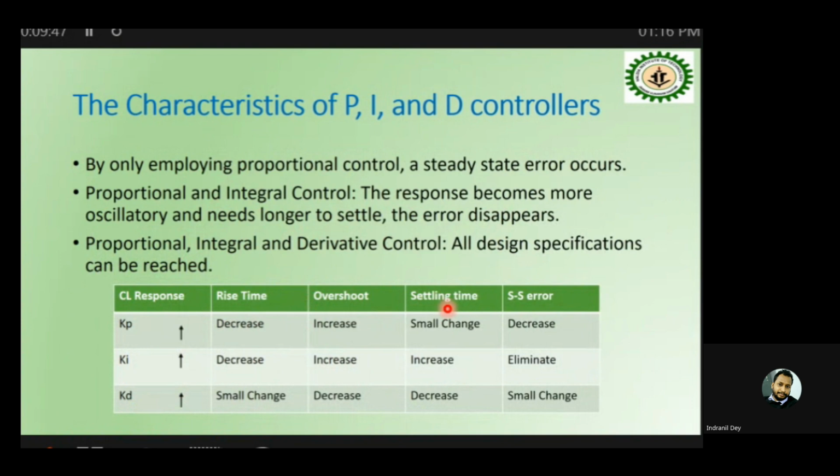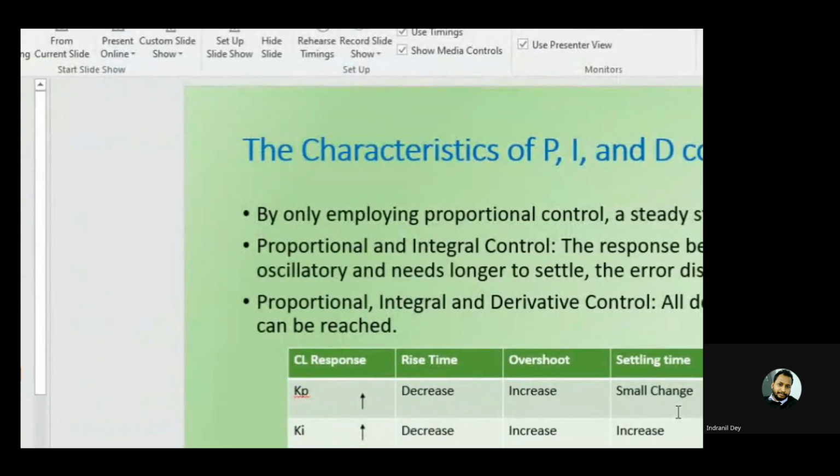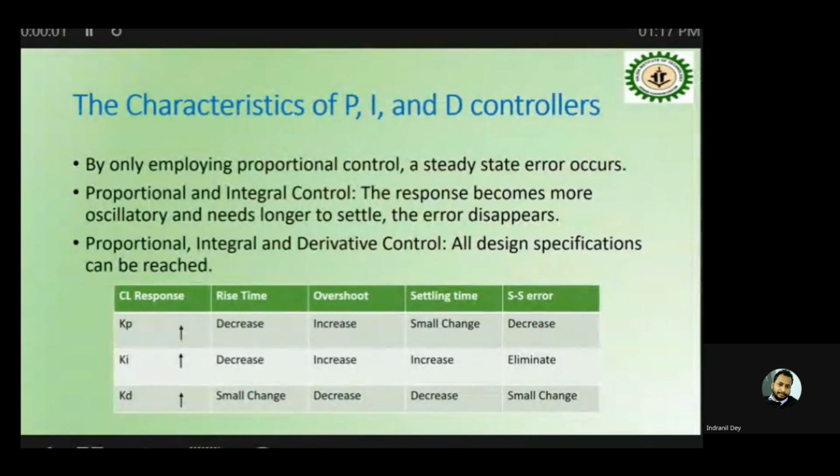Next is the settling time. Settling time actually tells how fast your process reaches the steady state. If we need a lower settling time, that means a faster response. What to change?